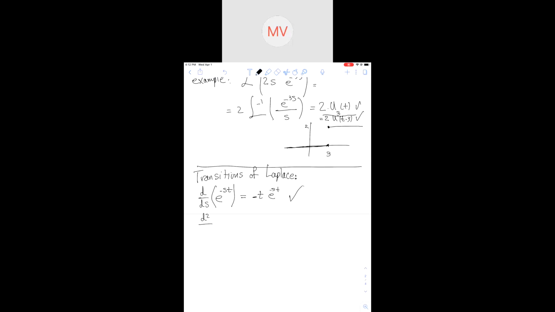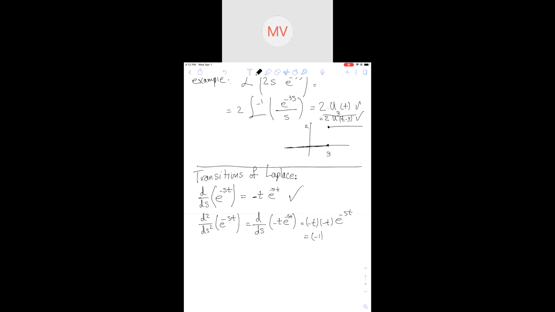So the second derivative, d squared by ds squared of the same thing, is basically the first derivative of the derivative that we already found. Again, with respect to s, right? Well, it's going to be another negative t multiplied by that negative t e to the negative st. But you know, negative t times negative t is t squared.